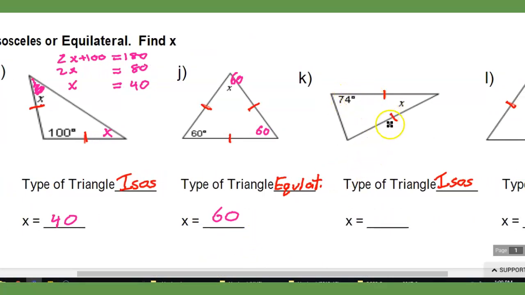See, this one, K, looks like across from here we have 74, so across from here is 74. And the vertex angle, this time we're finding the vertex angle. The last one, we were finding what the base angles were. Still the same idea, 2 times the base angles, which are 74 each, plus the vertex, makes 180.